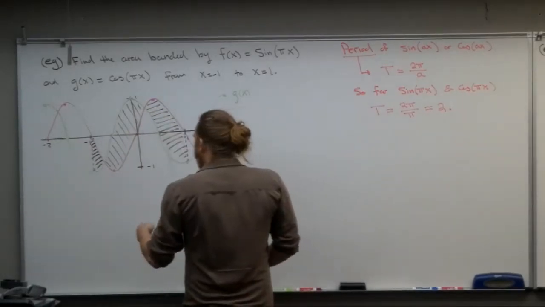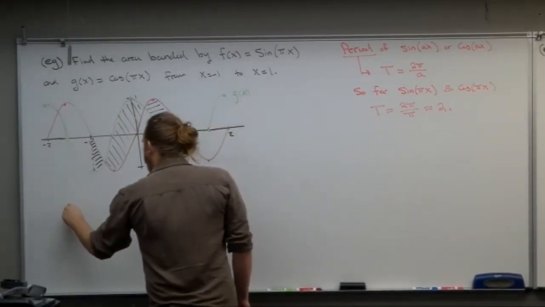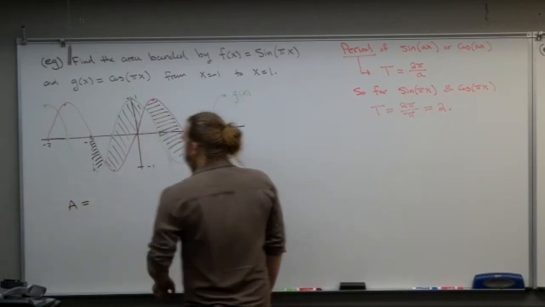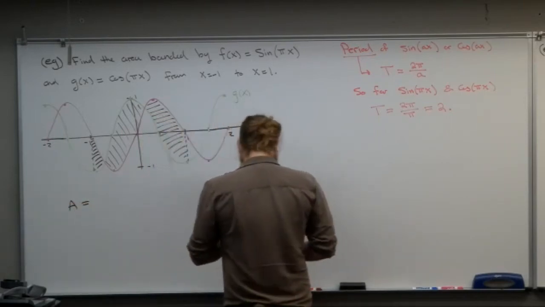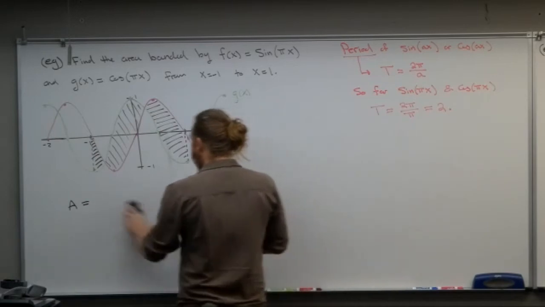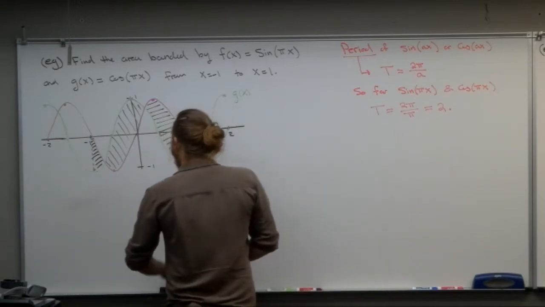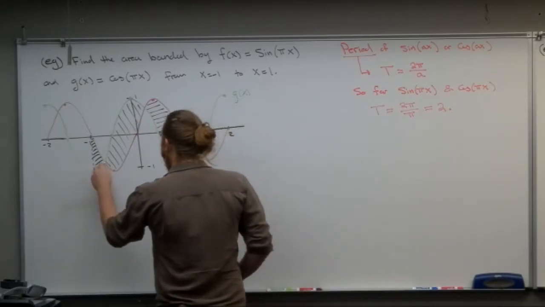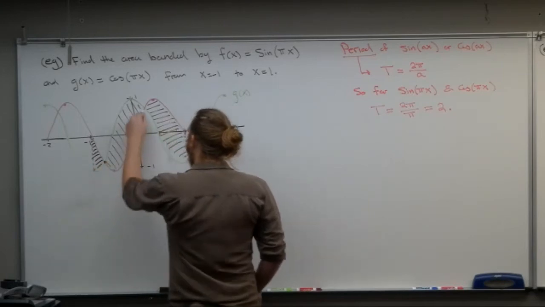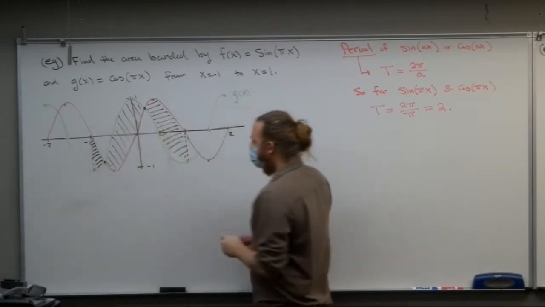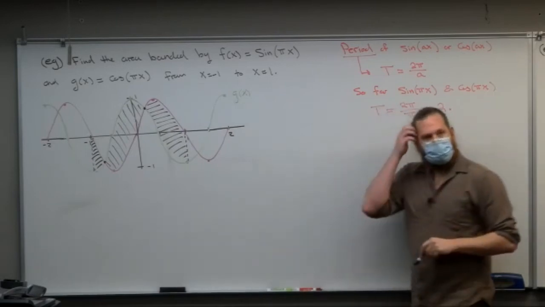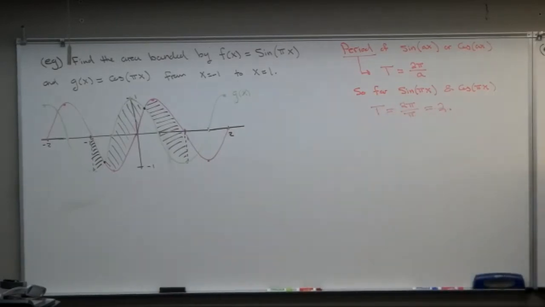So first, let me write down our integral, following the rule. The area bounded here, well, before we do that, I would need to know the x-coordinates of these intersection points. If I want to integrate the upper minus the lower, I need to know where the green is the upper and where the pink is the upper.